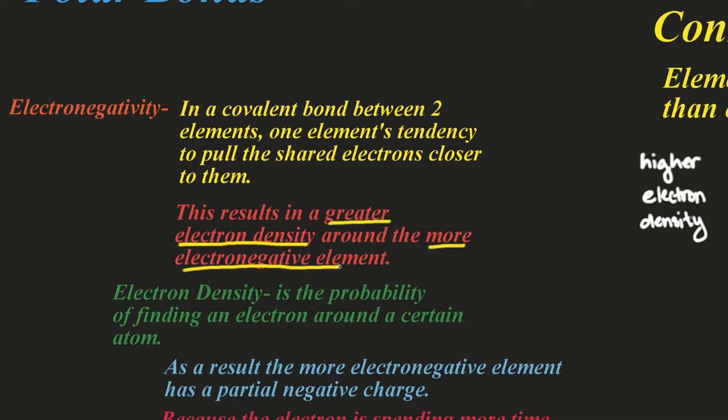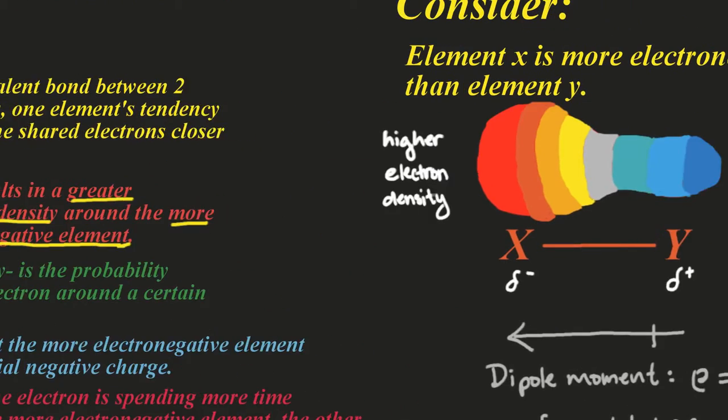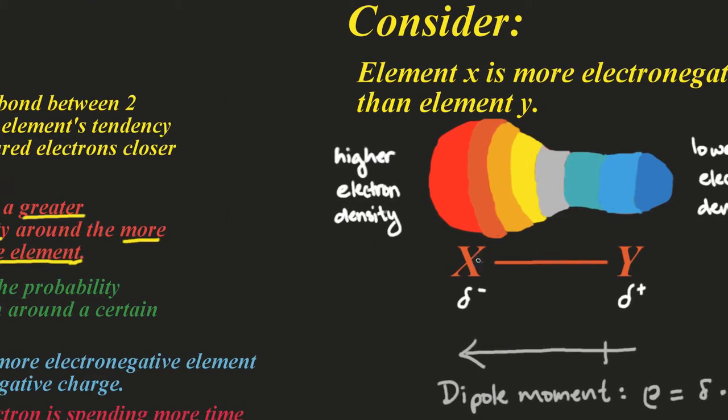Okay, what was electron density? Just in case you forgot, electron density has to do with the probability of finding an electron around a certain atom. So if it's got a higher electron density, there's a higher probability of finding an electron around the element X, for instance, in this case.